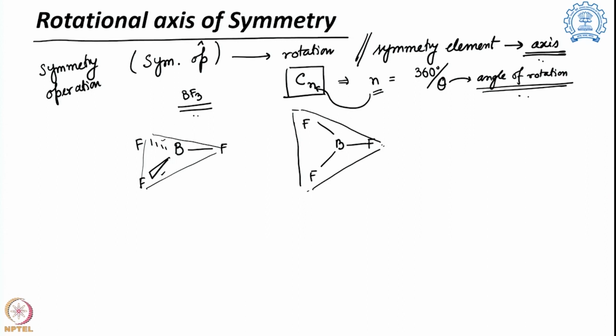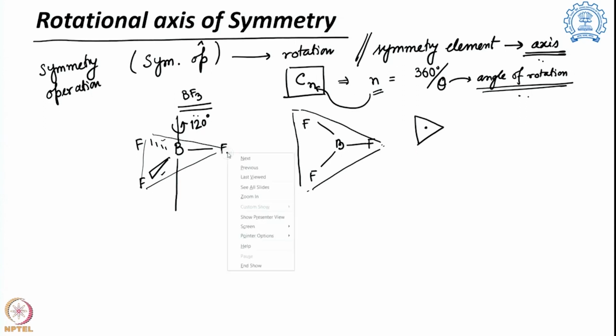Now, over here, can I take a line along which I can rotate and see if my molecule looks exactly the same? You can already have an idea, because it is nothing but a triangle. So, if I rotate it through the middle, that means in this picture along this line, and rotate it 120 degrees, I am going to get a very similar structure.